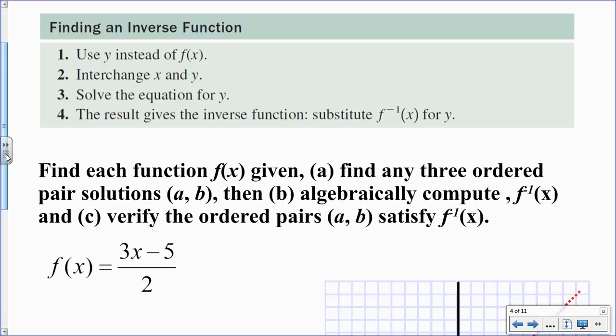So what I'll do is use y instead of f of x. It just makes it a little bit easier when I do step 2. Step 2, I will switch places with x and y. And then I'll solve that equation for my new y. I want to try to get that new y by itself. Then I will replace f inverse of x with that new y.